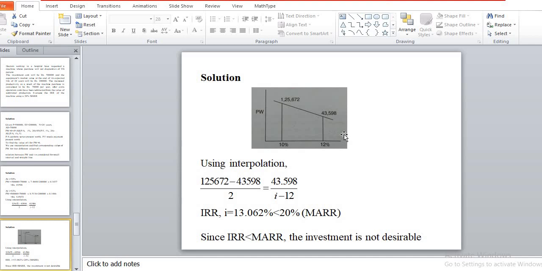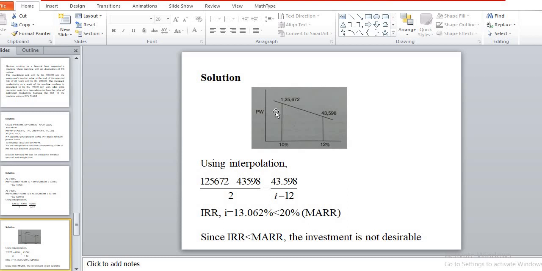Now when you plot on this graph, we are interested to find out the particular interest rate I when this present worth becomes 0. In this case, we have a higher present worth value, 1,25,000, which reduces to 43,598. We have two interest rates, 10% and 12%, and the interest rate becomes larger as we move toward the right side of the x-axis.